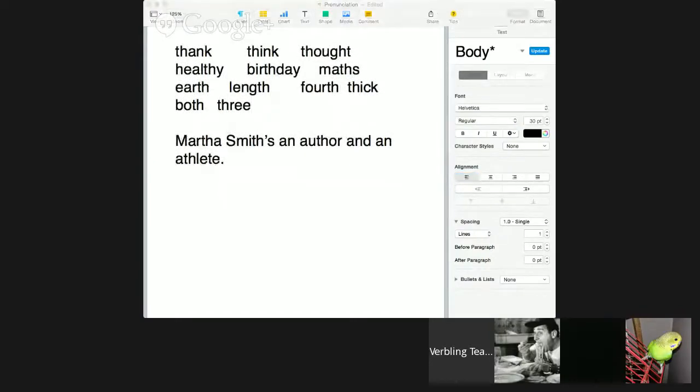Once you've got your sentence, let me know, and I'm going to ask you to tell me or type it into the chat box and then read it out. Let's do that. So if you can type your sentence into the chat box when you've thought of something, and then we're going to read them out.